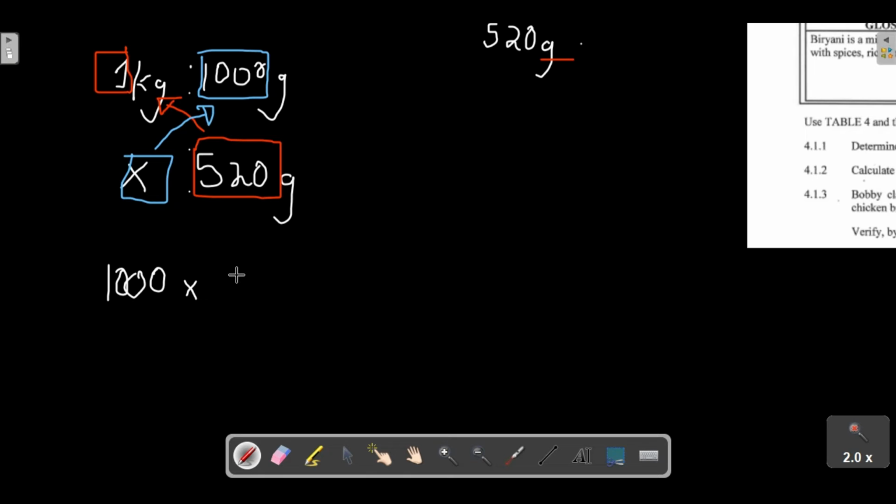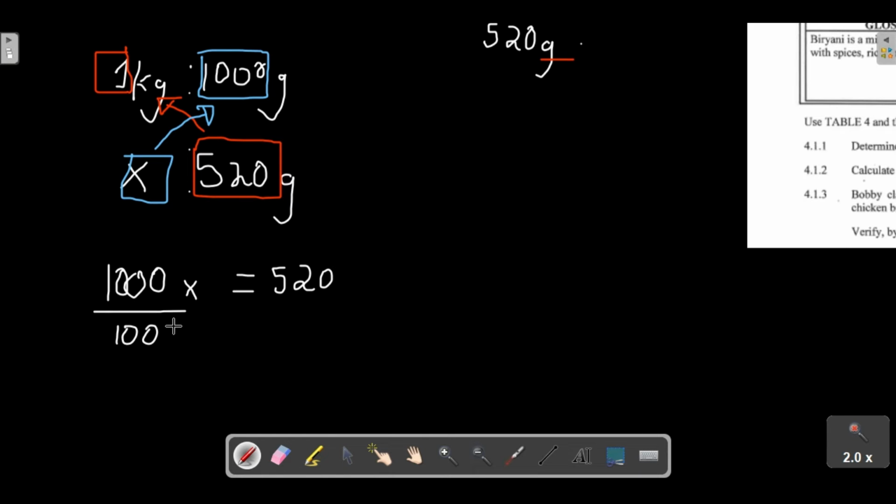So 1,000x is equal to 520 times 1, which is 520. Because x is in a multiplication relationship with 1,000, the only way you can get rid of that 1,000 is to divide by 1,000.